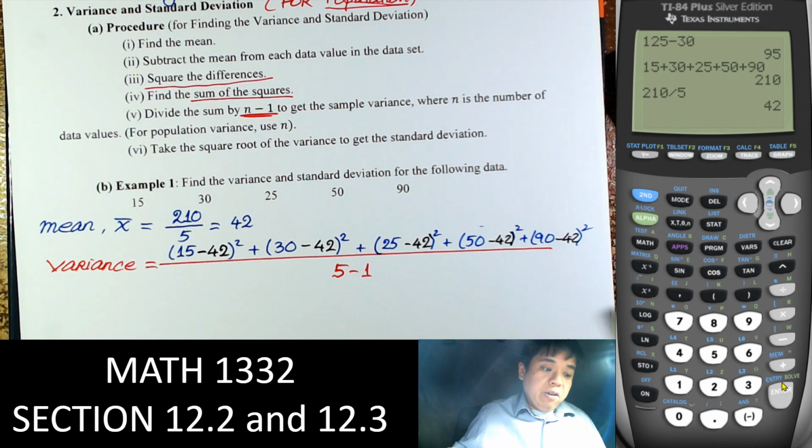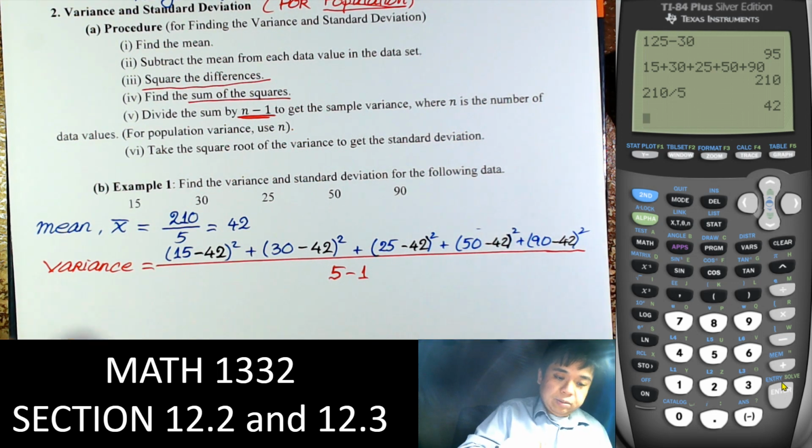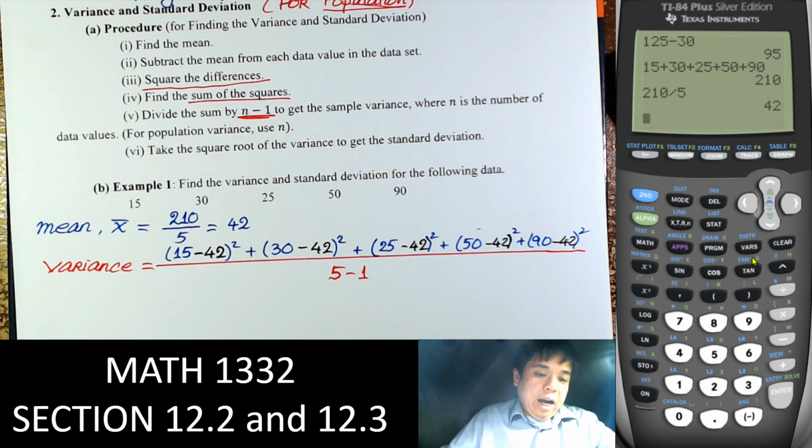That is the variance. I've just entered everything on the top and then divide by 4 at the bottom.